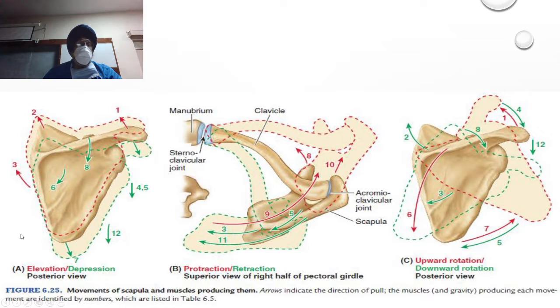So this picture is showing the elevation, depression, posterior view, the protraction, retraction, superior view of the right half of the pectoral girdle. Then this is the upward rotation, downward rotation, from the posterior view. So these are the movements of the scapula and the muscles producing them.